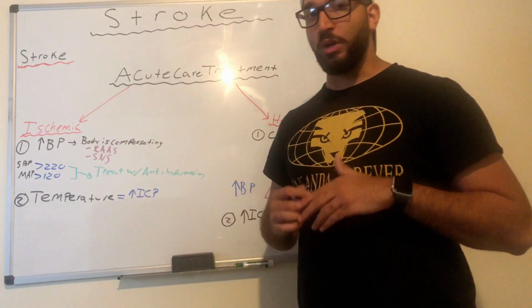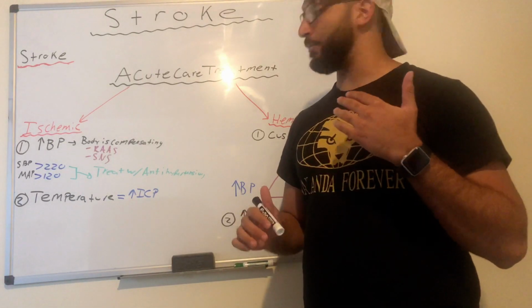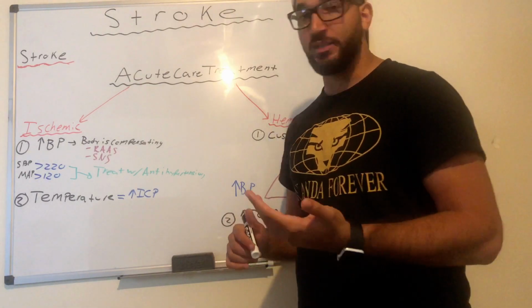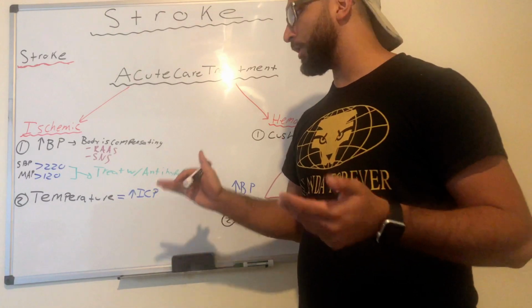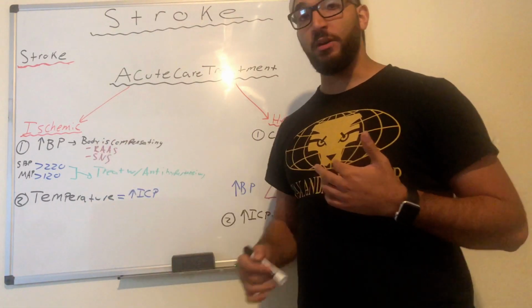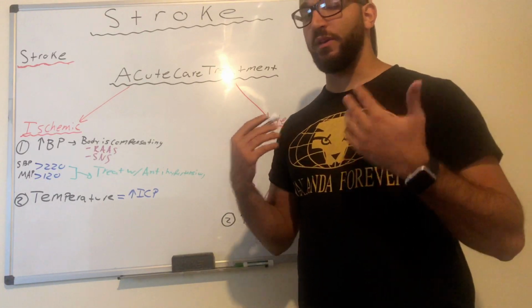If their systolic blood pressure goes above 220, we want to even catch it below that. We even want to catch it around 180 if possible. Anything over 220 is considered to be a danger zone. We need to notify the physician immediately. Mean arterial pressure, if that's greater than 120, same situation, notify the physician.